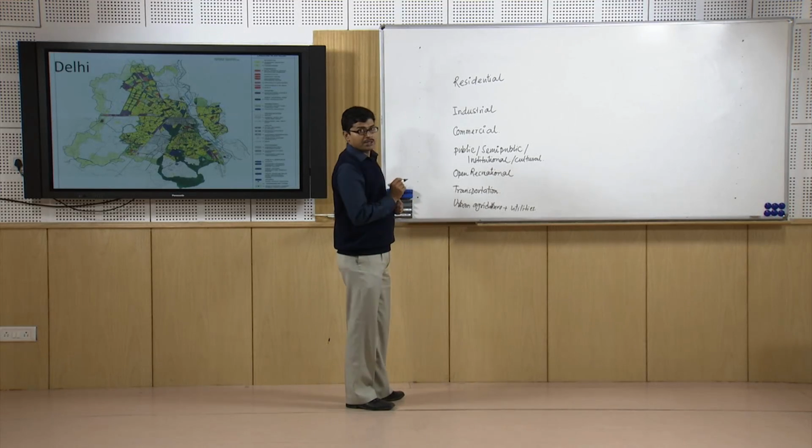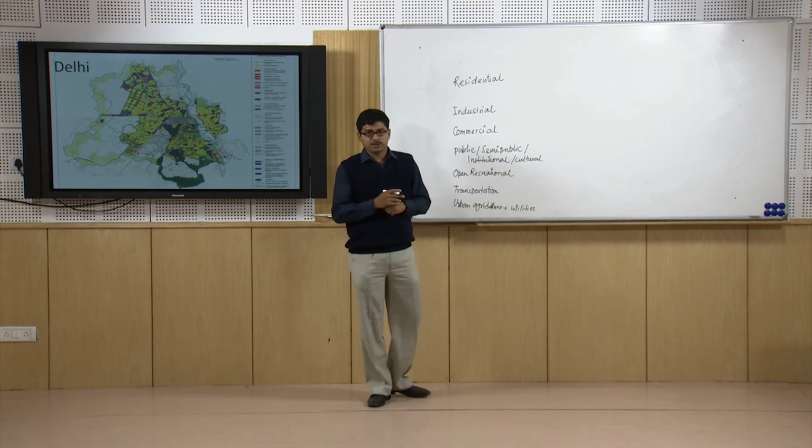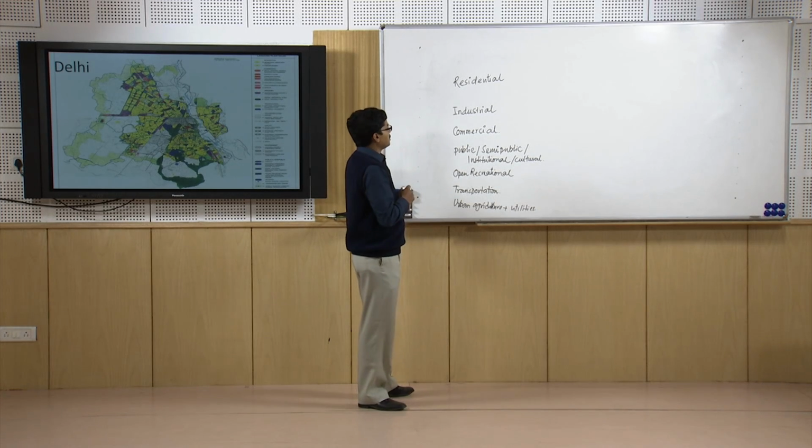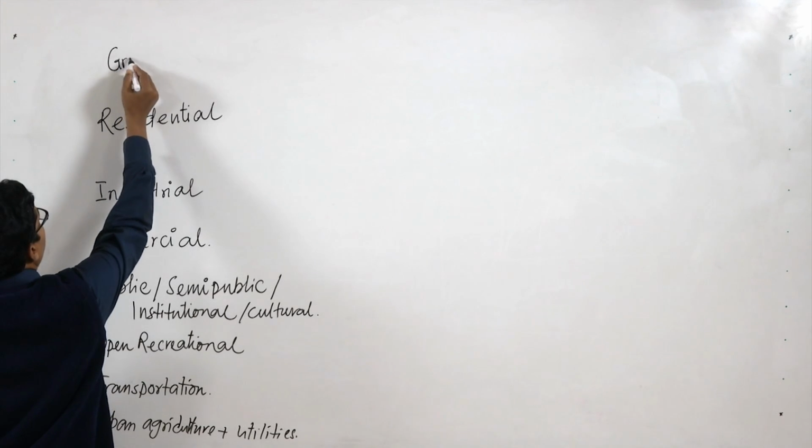So, these are the basic land uses which we have shown in the land use map in the example of the Delhi master plan. Under this land use we have told you that we basically show gross land use.